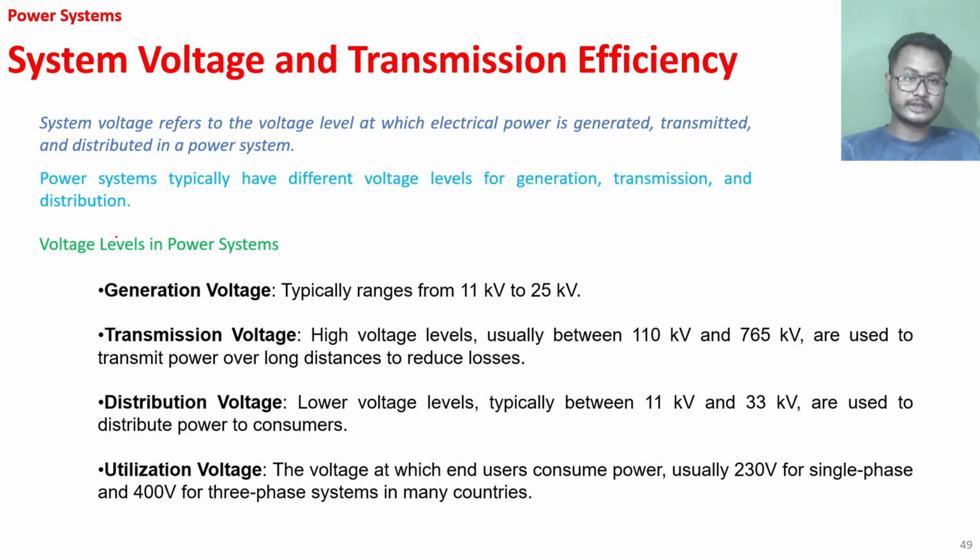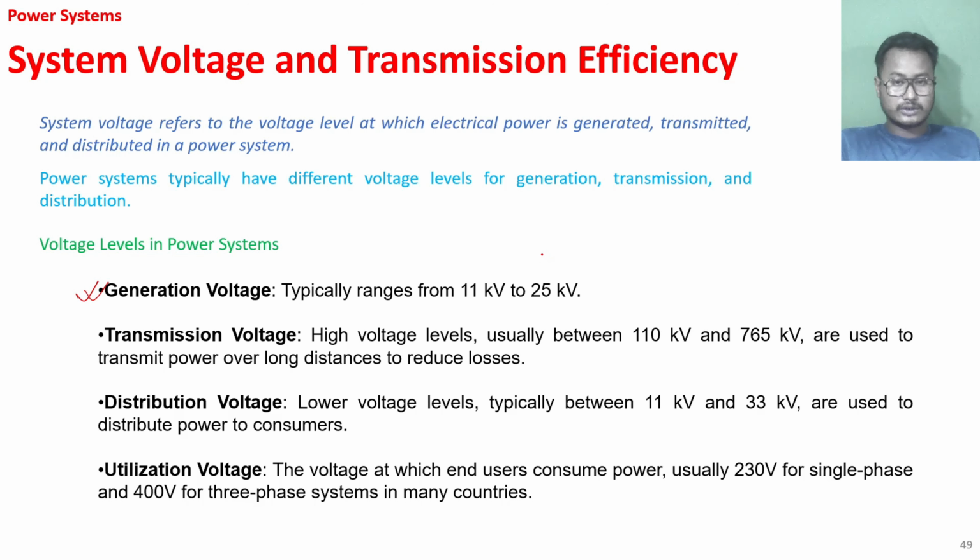It is not compulsory that if we generate, suppose, 5 volt, it will distribute only 5 volts. It's not like that. So voltage level in a power system, we'll see here. At the generation station, where we generate, we typically generate 11 kV to 25 kV. This is the range.